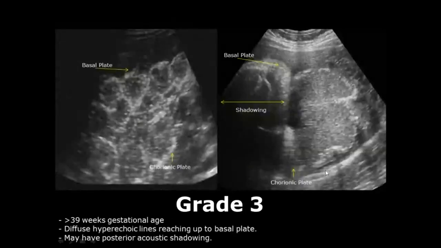Sometimes the placenta may enter grade 3, which is around 39 weeks. There is diffuse calcification and diffuse echogenicity, and acoustic shadowing may also be present due to increasing calcifications.